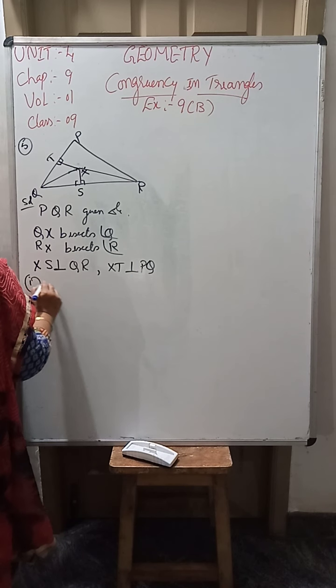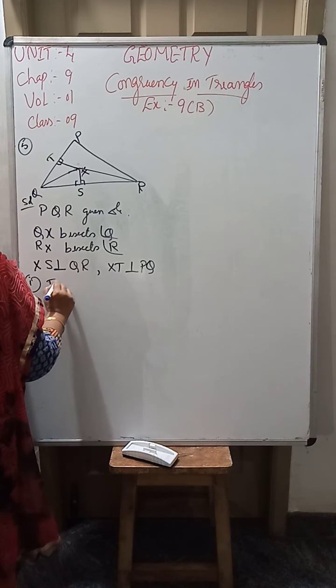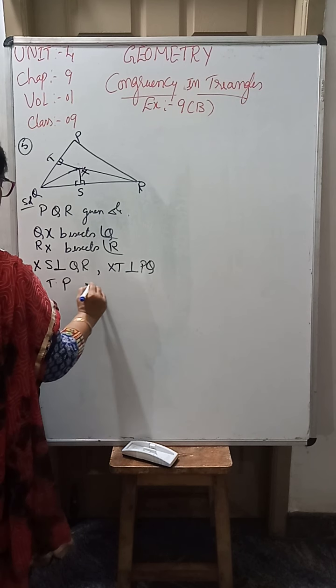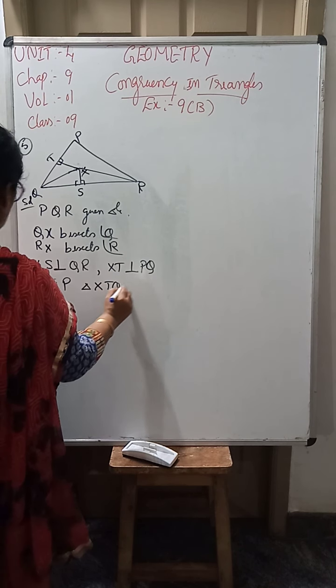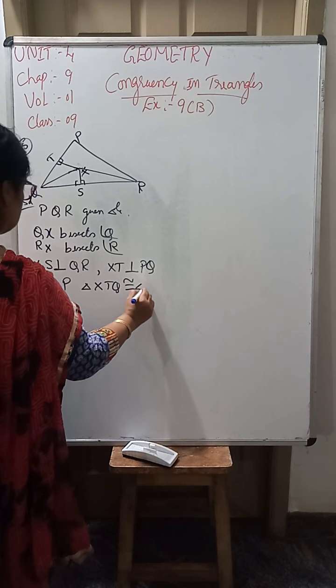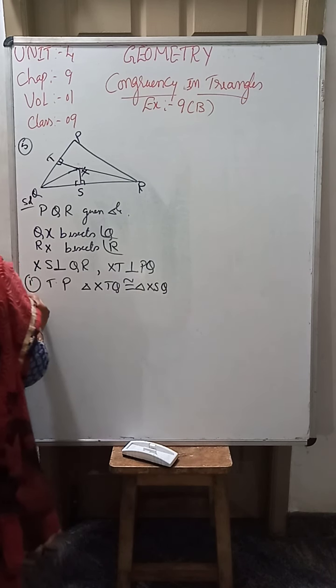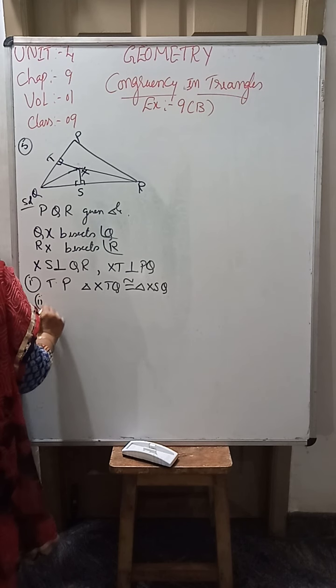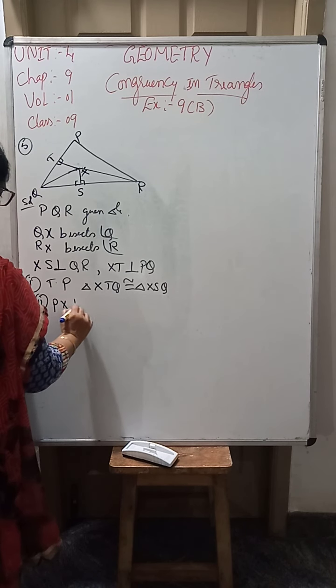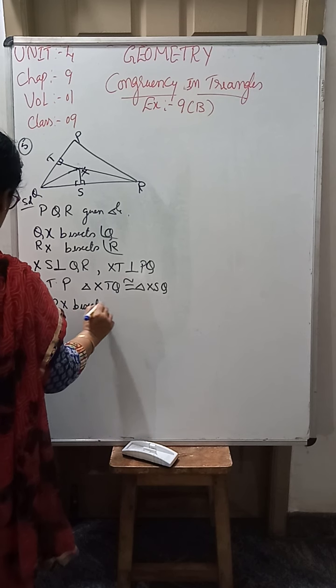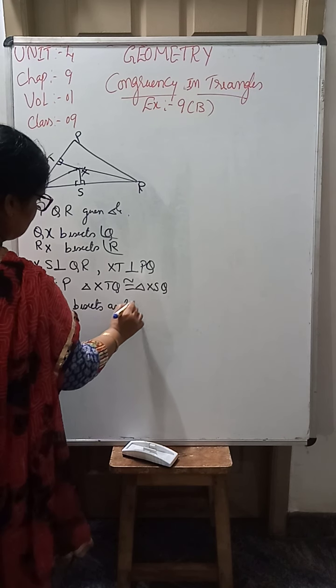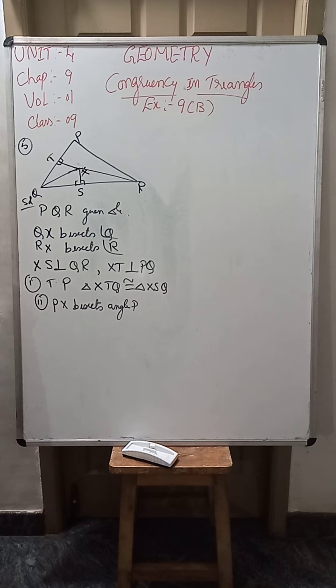To prove, first one: triangle XTQ is congruent to triangle XSQ. Second one: PX bisects angle P. Now these are the things we have got from this question.